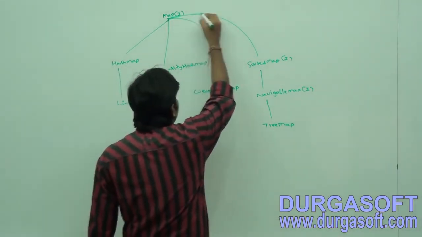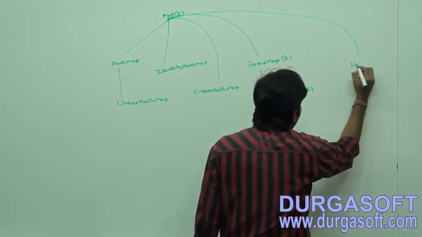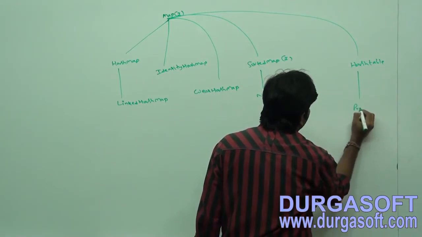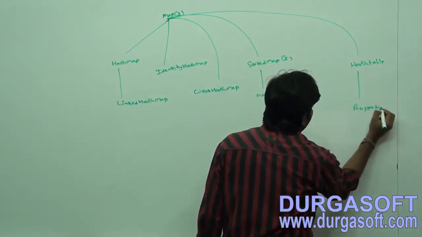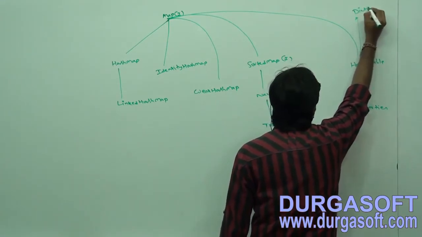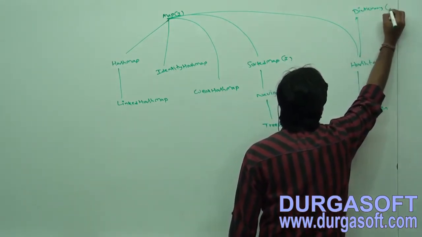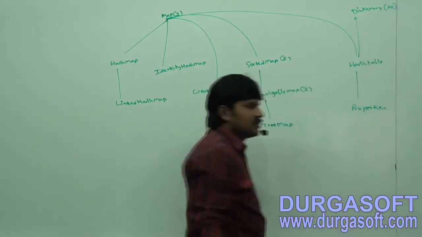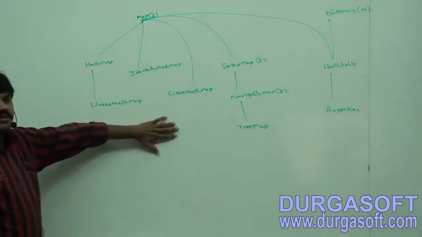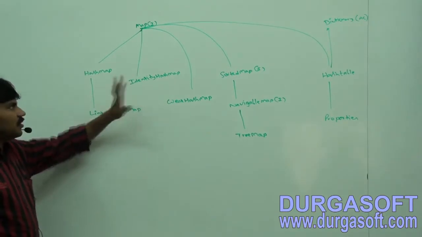After completing this, we have to talk about Hashtable and then the Properties class. Of course, Hashtable is the child of Dictionary, which is an abstract class. We won't discuss anything about this one because abstract classes usually we are not going to use. So this is our agenda related to map terminology.